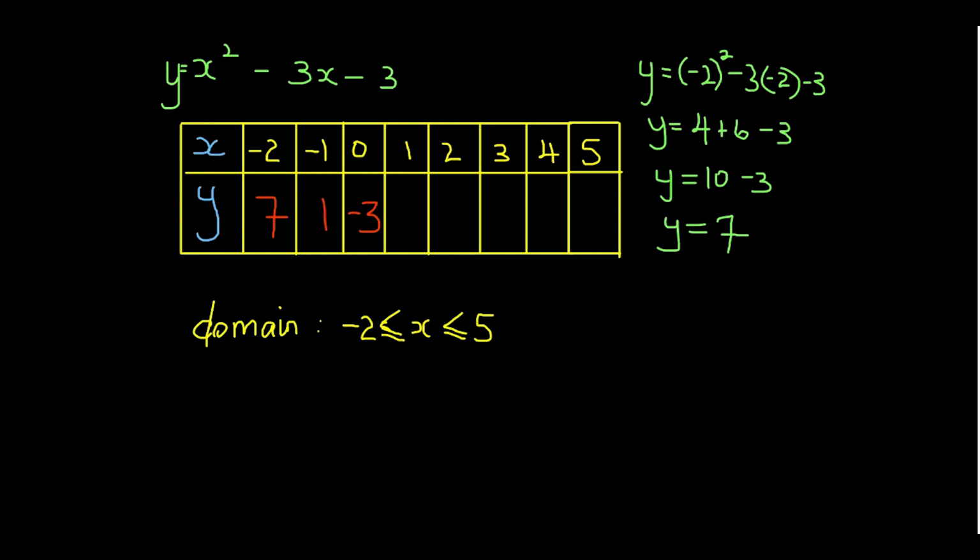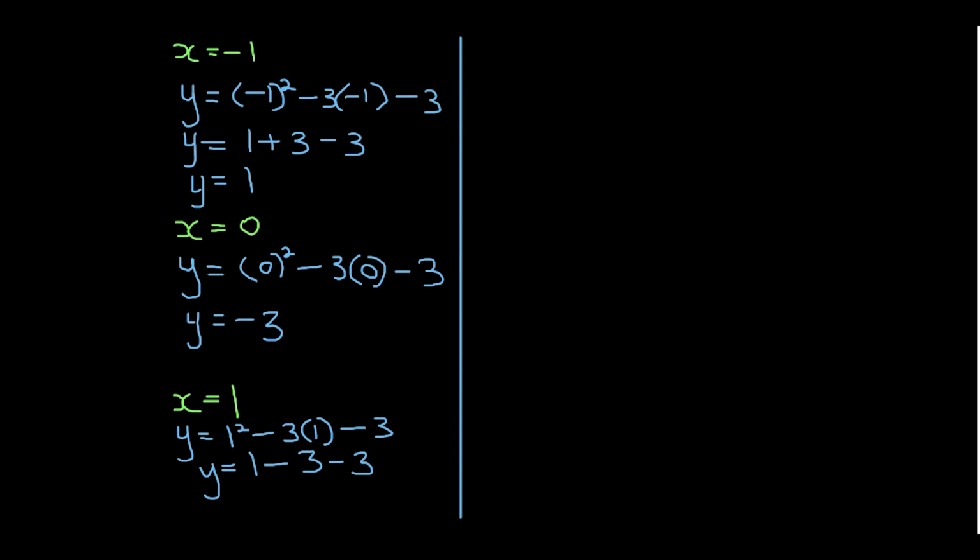Yeah, you skip 1. Alright, so let's just double check. Is the answer what she says it is? Let's see. 1 minus 3 minus 3. So we'll get 1 minus 6, which would give us minus 5.